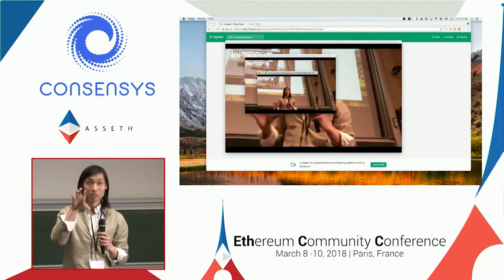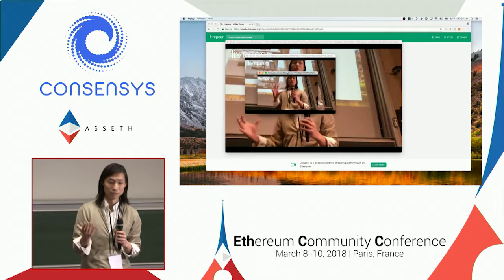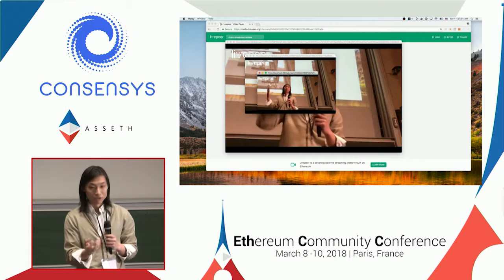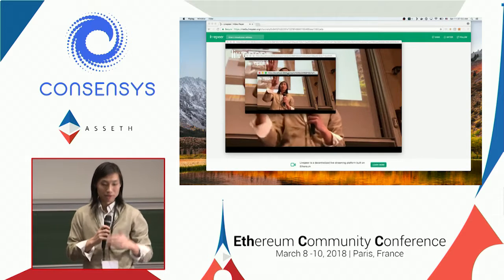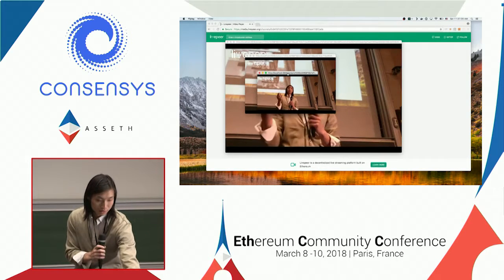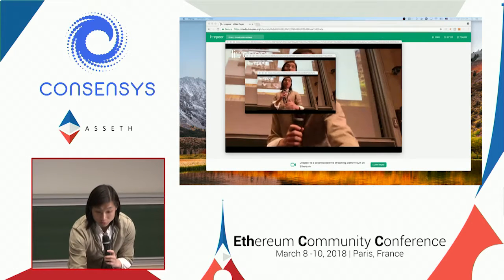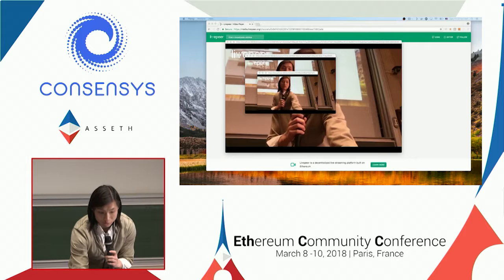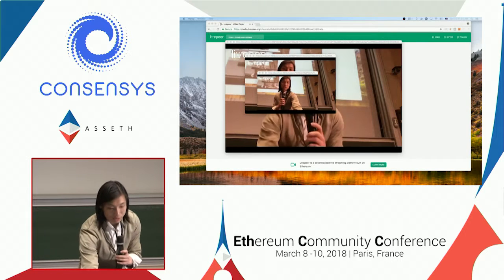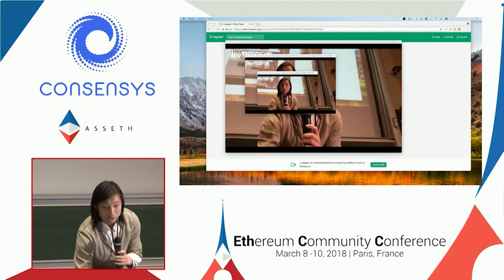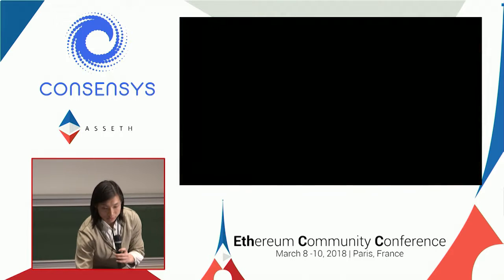The middle-sized version is for a tablet, and the small version maybe is for a phone, right? And all of this is happening on a decentralized network using a secure protocol, so that as a broadcaster, I can trust the video is done correctly.